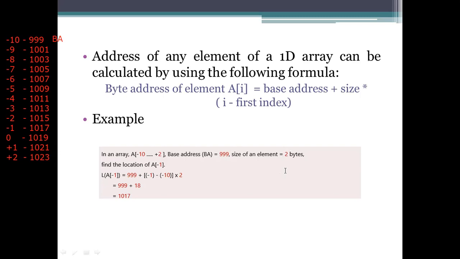Now see, the location of A of -1 is equal to base address 999 plus size, which is 2, into (I minus first index).